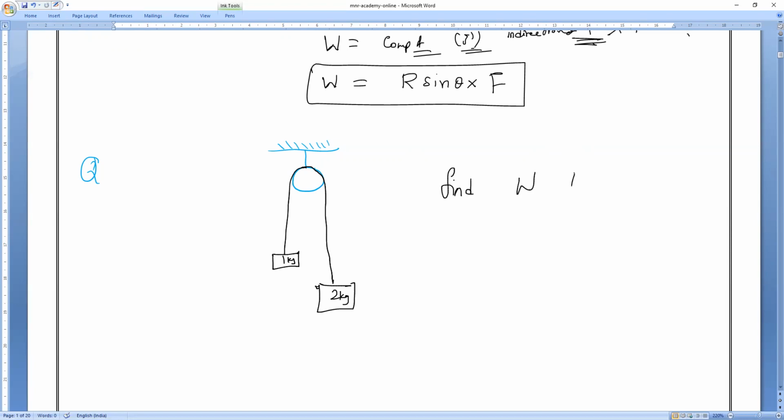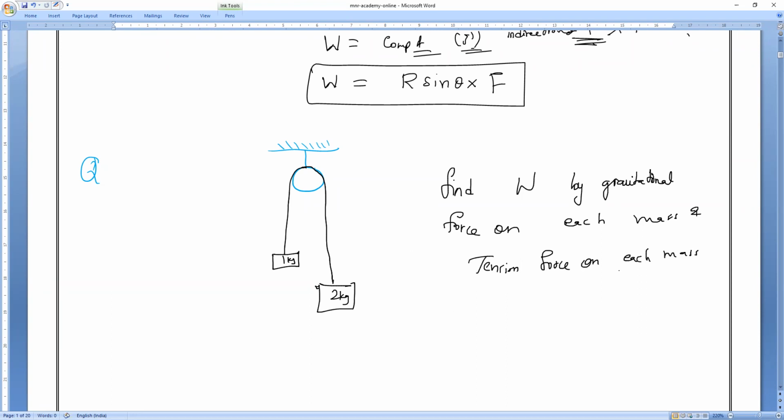Find the work done by the gravitational force on each mass, and as well as the tension force on each mass, because strings are present here, when the 2 kg mass goes down by 3 meters.